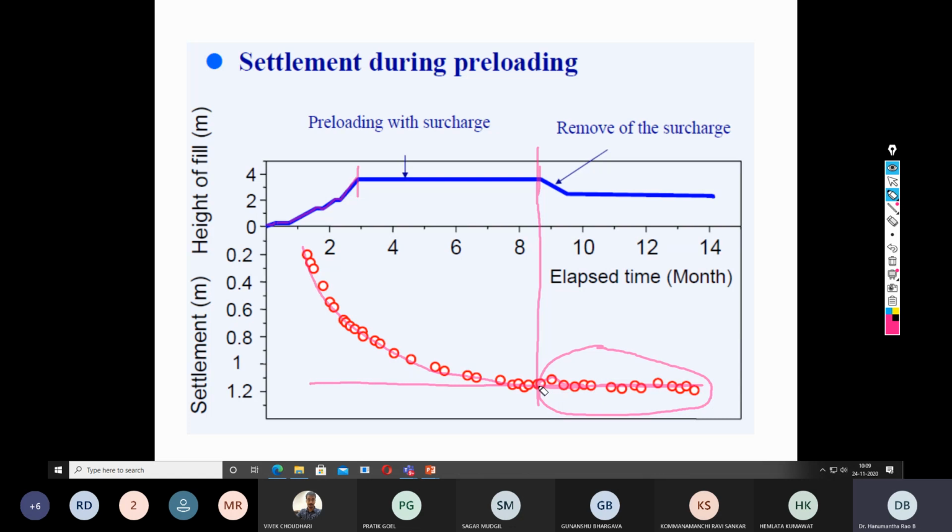If there is a possibility of a huge recovery in the settlement, it is not advised to go for construction of any superstructure on it, or you are confirming that there is no problem with the soil even after being subjected to ground improvement. So this is one way of confirmation, simply by monitoring the settlement.